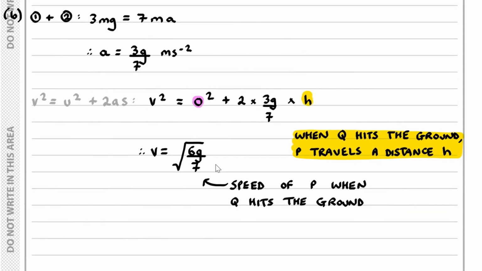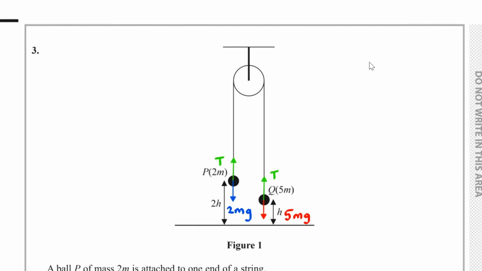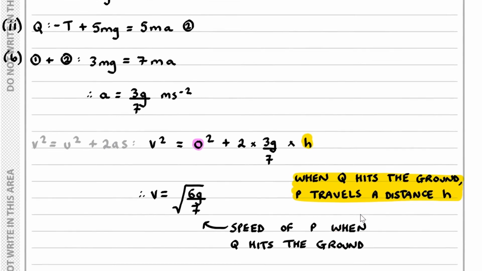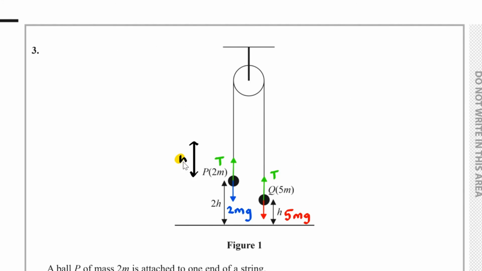So the way we can do this then, we can recognise above the ground it starts off with height 2h. It then has a height of h which it travels, and this height is due to what we said here, the distance P travels when Q hits the ground.